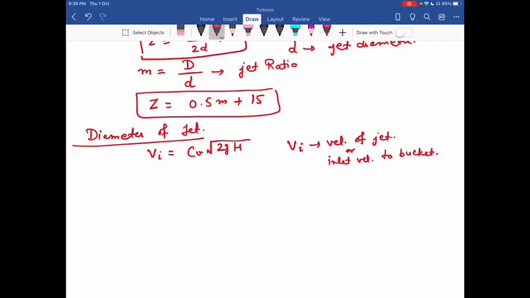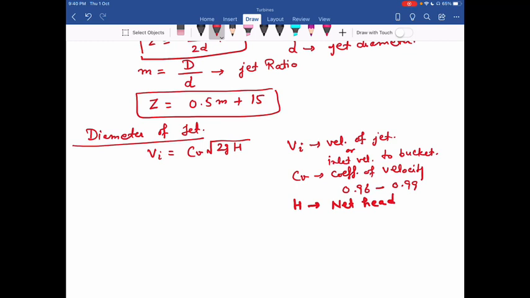Cv is the coefficient of velocity, its value is 0.96 to 0.99, and H is the net head. So this is the formula for velocity of jet coming out from the nozzle.